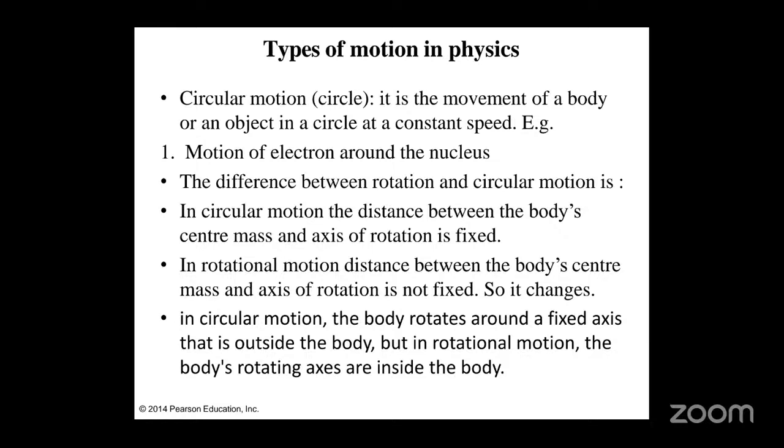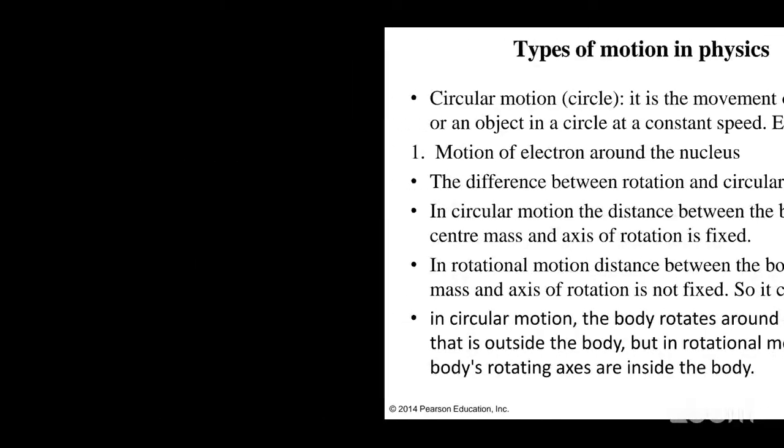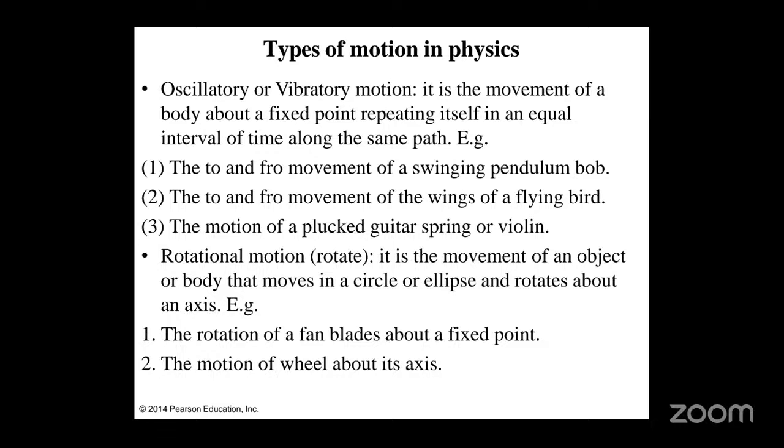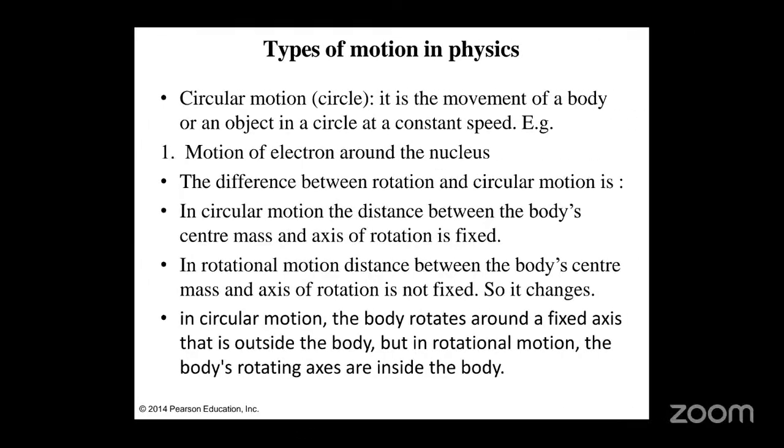So rotational motion moves in a circle or ellipse and rotates about an axis. But for a circular motion, it's not rotating about an axis.